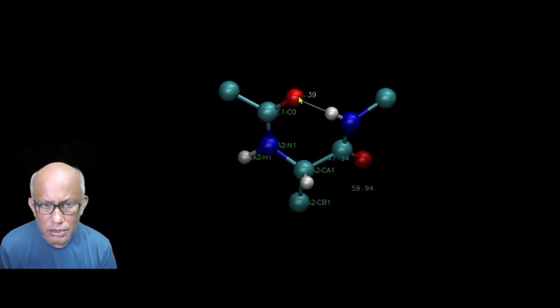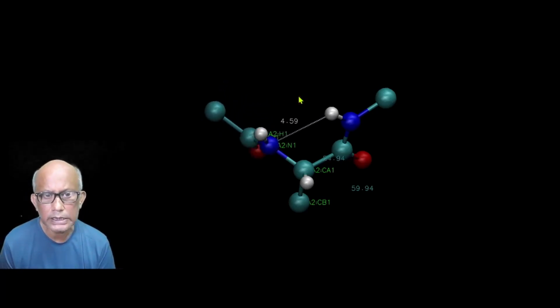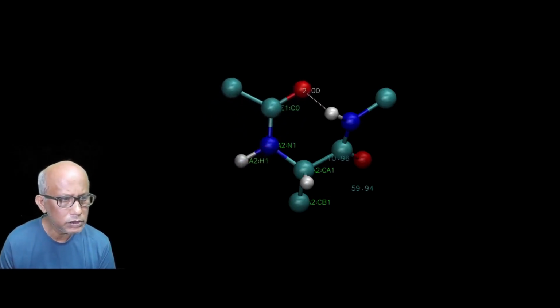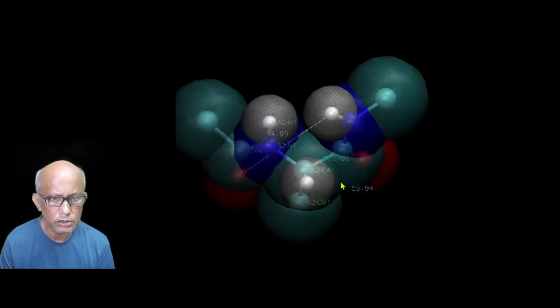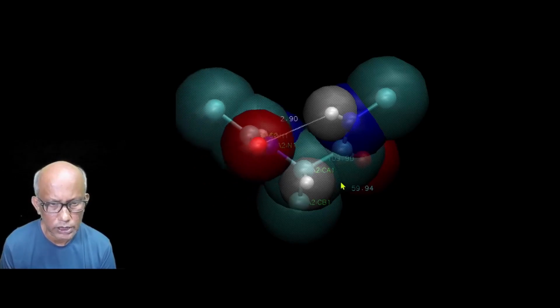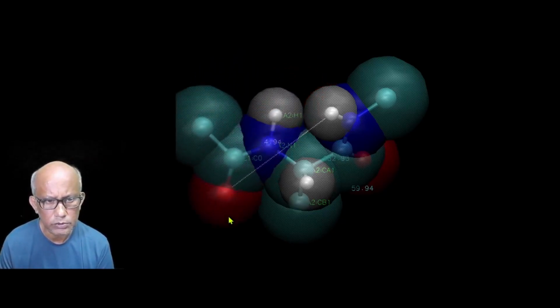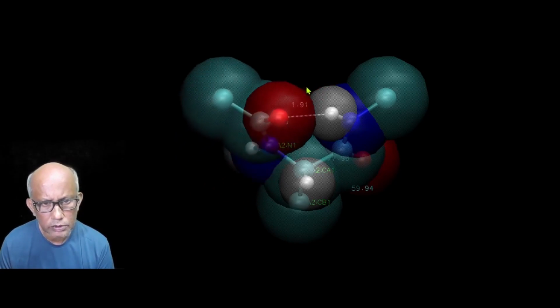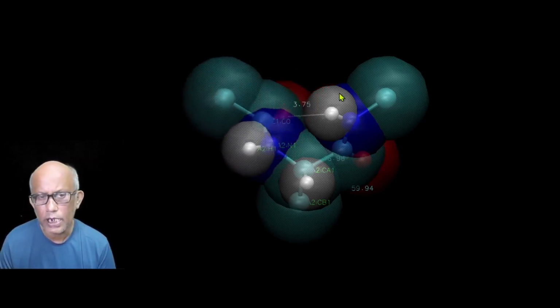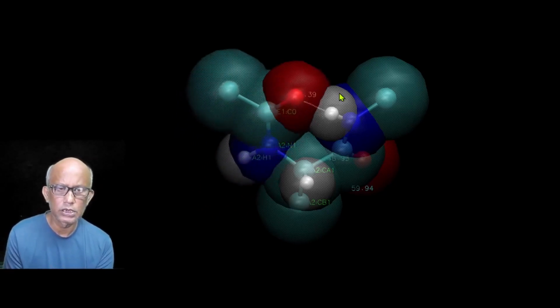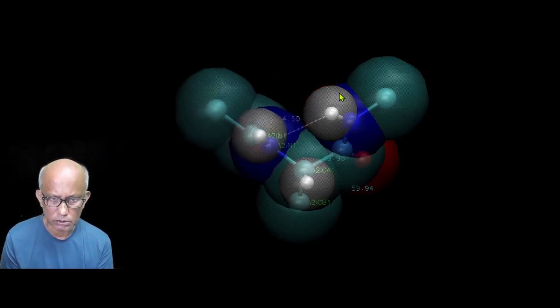Now, why is a short contact so bad? Why is it disallowed? To understand that, we can switch on the van der Waals radius of all the atoms. And as you can see, when the distance becomes very small, this oxygen and the hydrogen atom are just overlapping. Now you know that surrounding the atomic nucleus there is a shell of electrons, right?